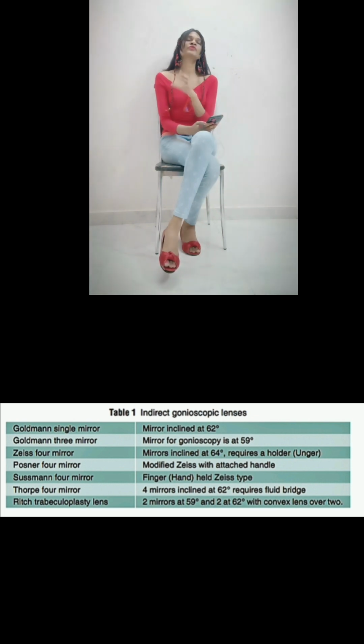We don't need the bridging substance there. So viscoelastic substance causes that uncomfortable sticky sensation and blurring of the vision after the procedure. Also while rotating, it causes discomfort to the patient when we rotate the lens. So these three things are eliminated when we use the 4 mirror lenses.